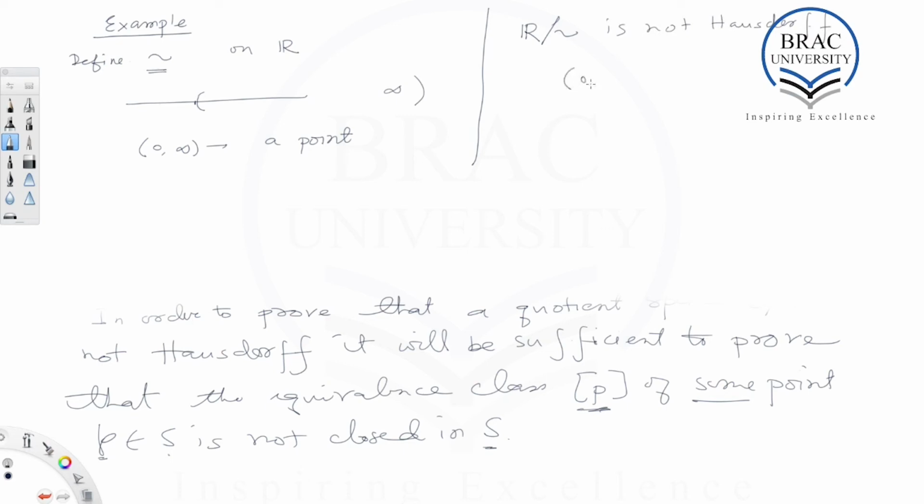Because 0, infinity, this equivalence class of twiddle in R is not closed. Okay, so we have found an equivalence class in R which is not closed, which confirms that the underlying quotient space is not Hausdorff.